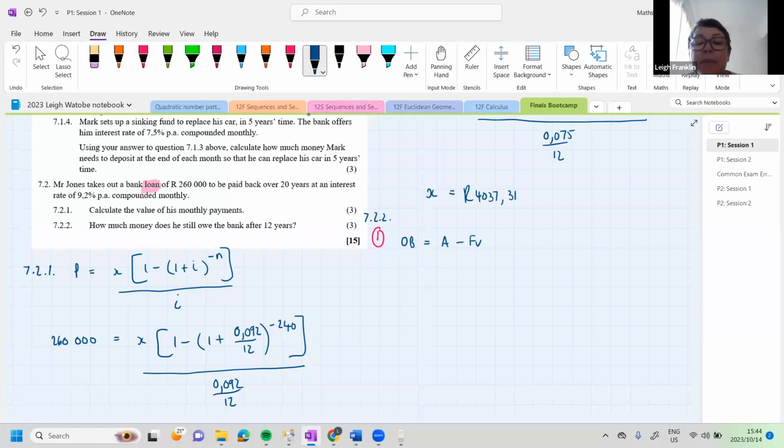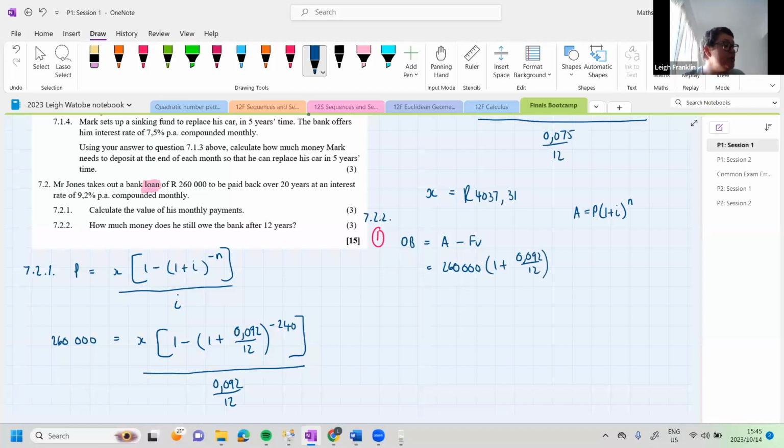All right, so subbing in here, we would have our A value. Remember, A is P(1 plus i) to the power of n. So that's what I'm writing in place of A. It's going to be our P, the value of our loan, (1 plus our interest rate, which is 0.092 over 12).